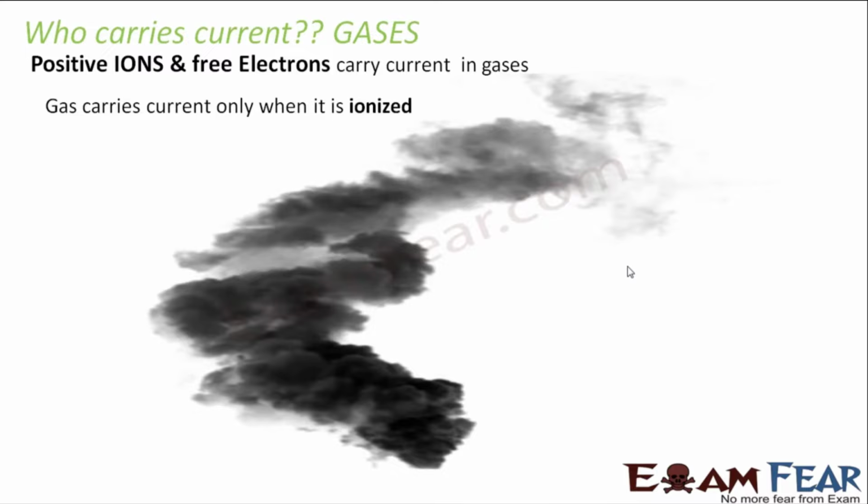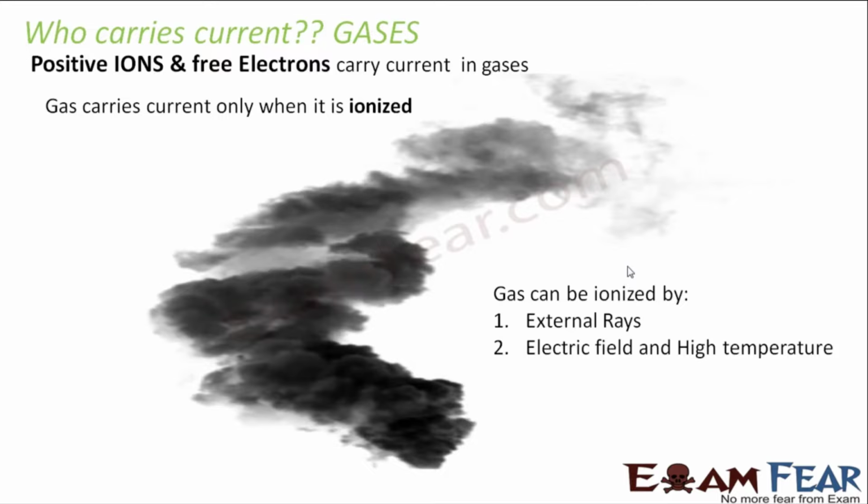But gas carries current only when it is ionized, because it will not carry current as such. When you ionize a gas, ions are formed, and these ions are then helpful in carrying current. How can you ionize a gas? You can ionize a gas by external rays, by increasing the temperature, or by applying some electric field.